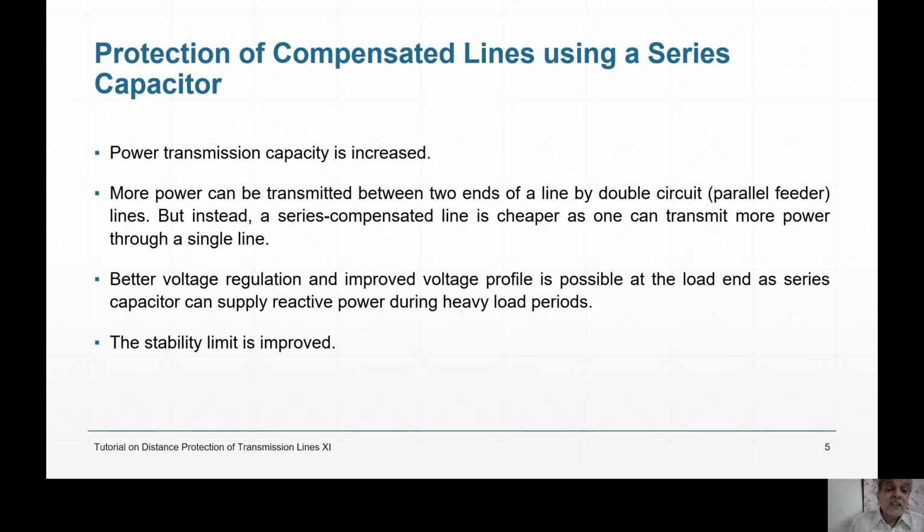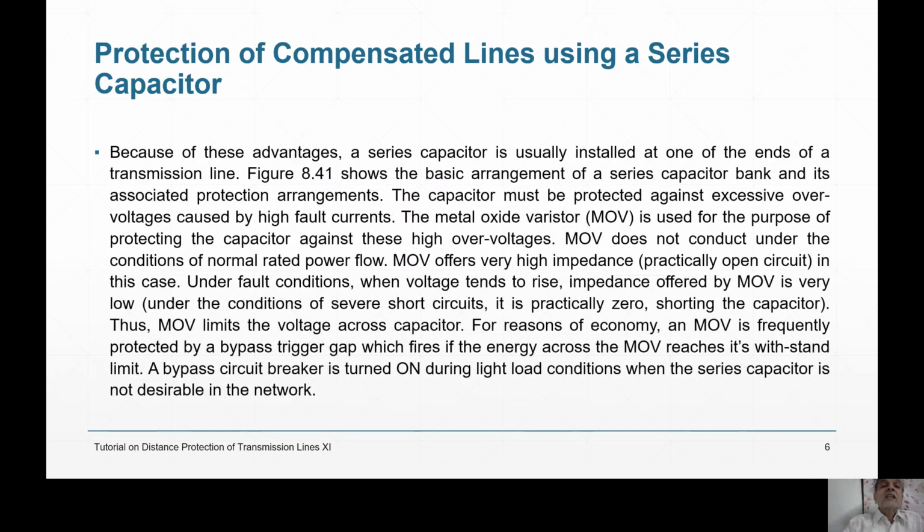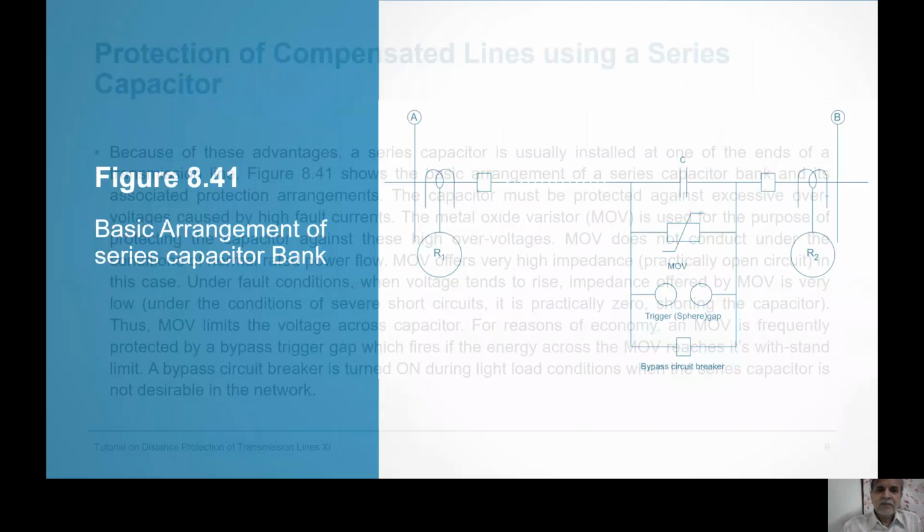All said and done, that brings in problems to our distance protection. That is where we are interested. Where does this bring problems in protection? Many advantages, but a very big disadvantage in protection. If you solve that disadvantage well, the series capacitor is very much advantageous.